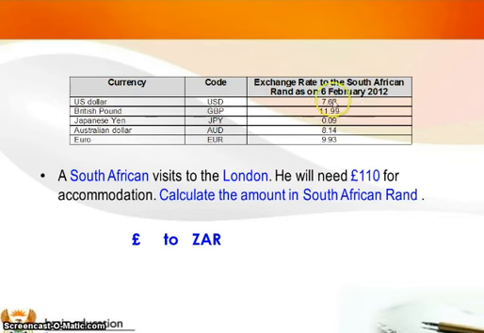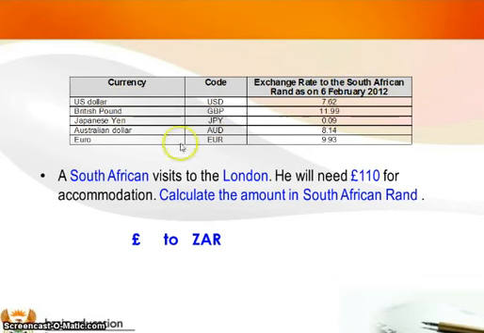So in other words, how do we read this? Remember, in the previous video I told you to read a currency rate sheet as if the currencies are products, as if it is apples or pears or whatever that you're going to a shop to buy, and then they give you the price of the product down here.